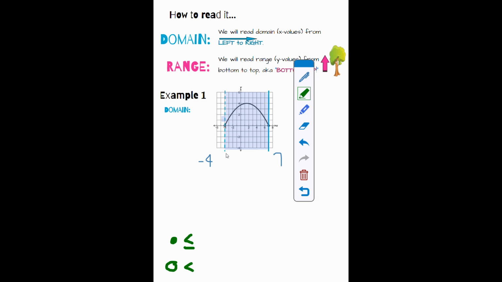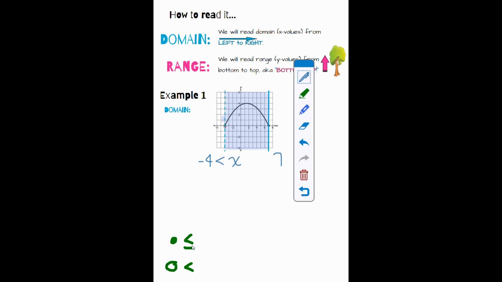Now, because we read from left to right, and I said -4 is an open circle, I'm going to say -4 is less than, and then I'm going to put in there an X because these are my X values. But then over here, I have a solid dot.